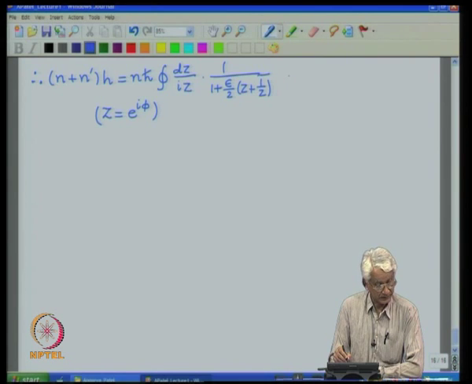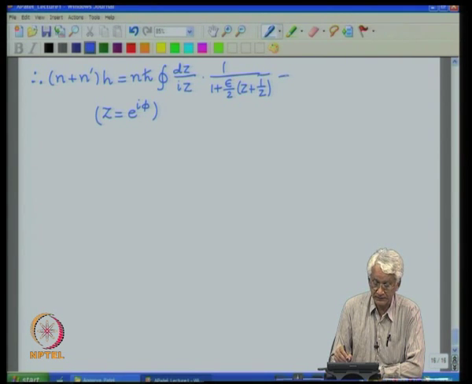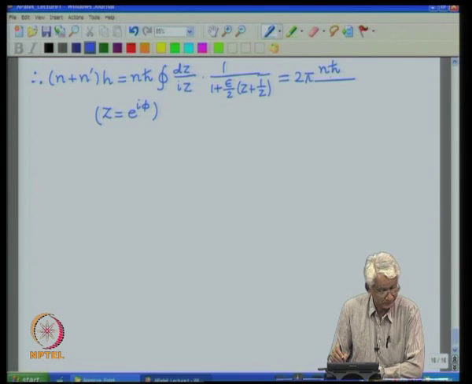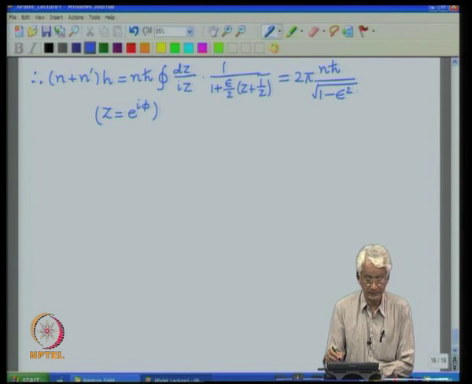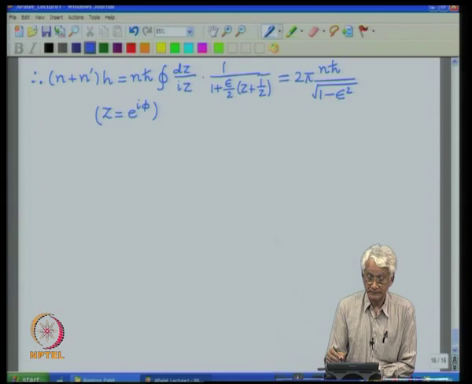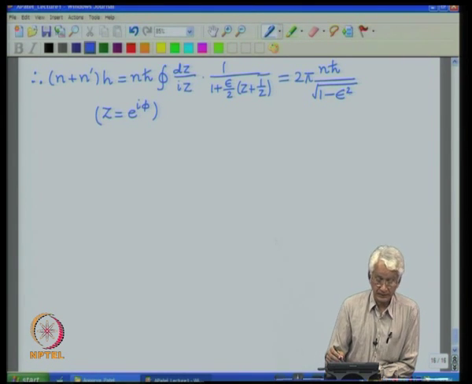And evaluating this by residue theorem gives the final expression between all the quantum numbers, and the only variable which survives inside this expression is the eccentricity.